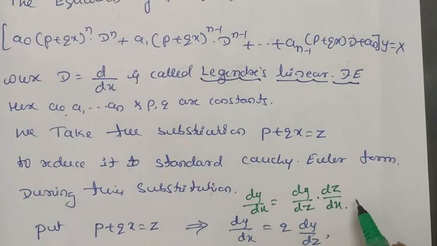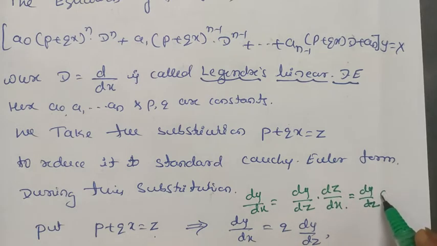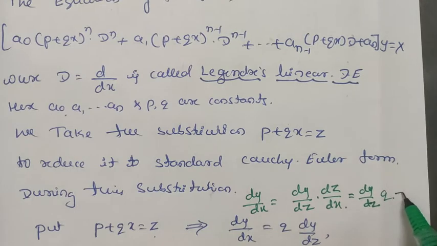Here dz by dx is q, so dy by dx is equal to q into dy by dz.